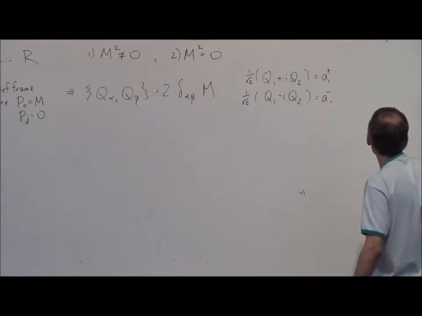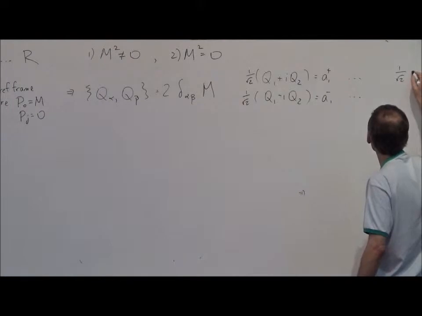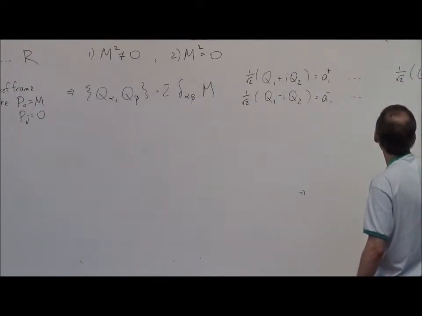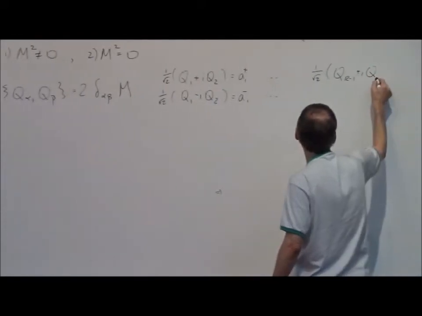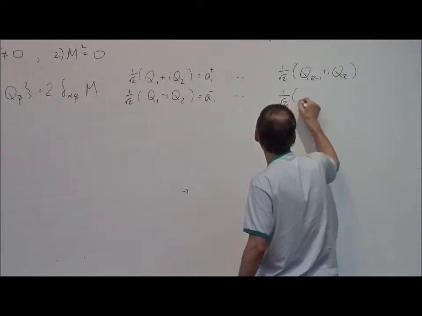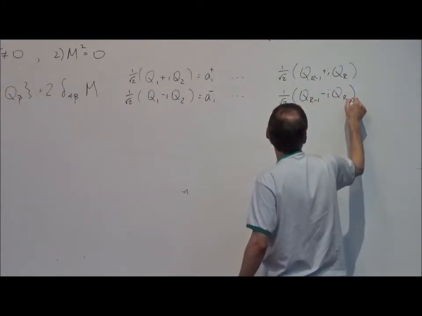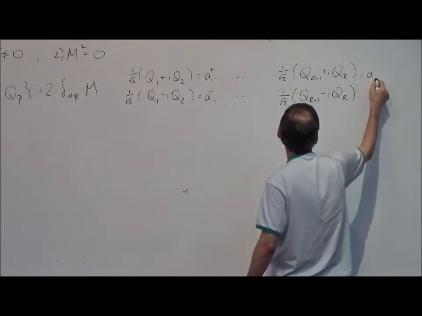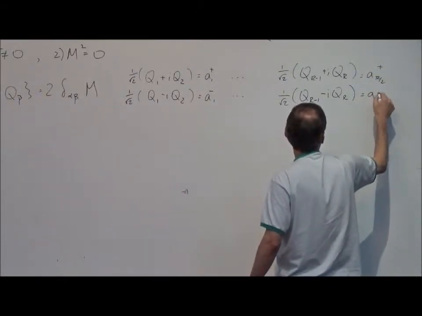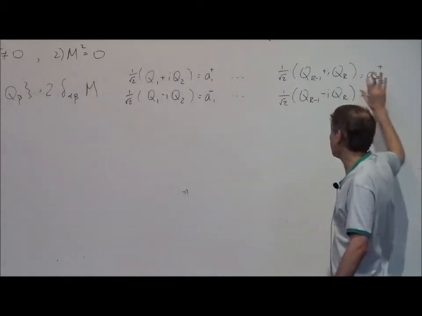And then the last one would be 1 over square root of 2 times Q_R minus 1, and similarly. And we'll call these A_{R/2} plus and A_{R/2} minus. And these satisfy precisely the same algebra.